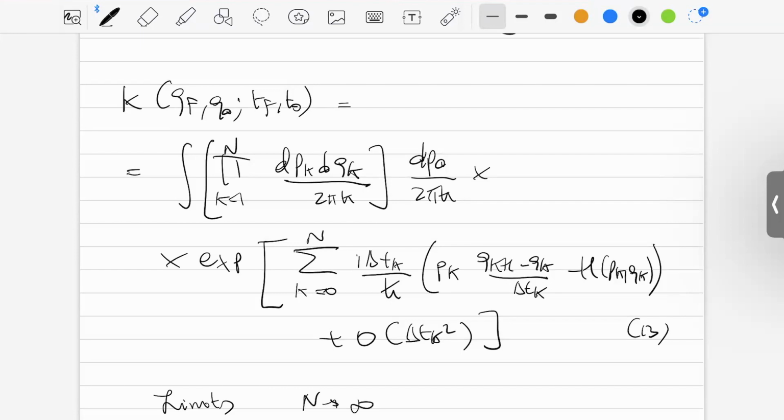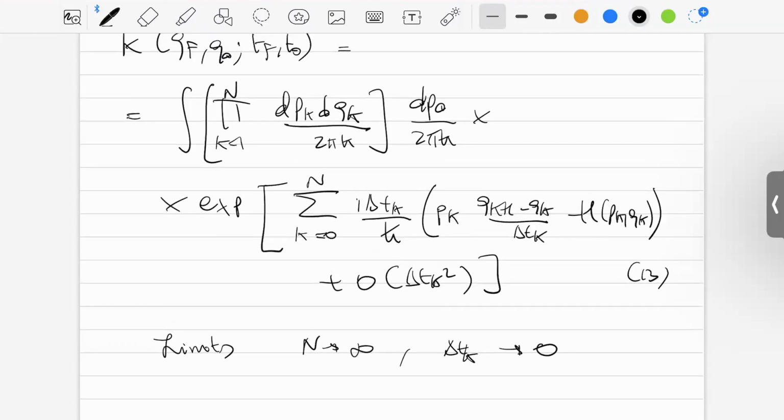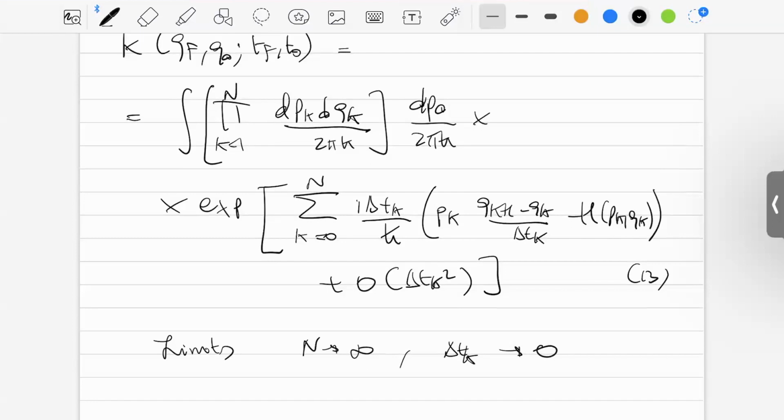So you increase the number of intervals, which means that the length of the interval goes to 0. It means that if you take the limit of what we had before, the sum becomes an integral. This quantity here now becomes an integral, and this delta tk becomes the measure of the interval, a delta t.